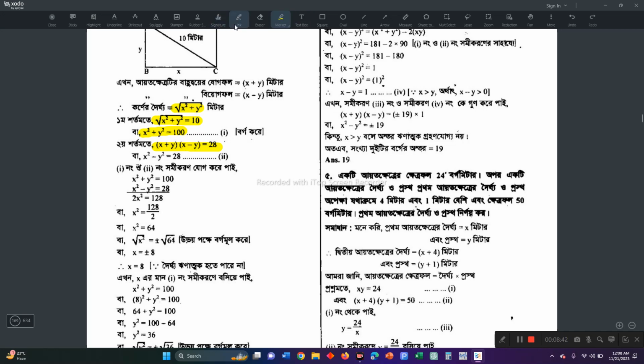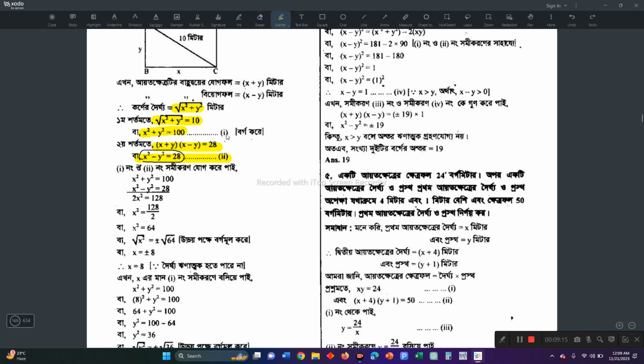Sum of the length and breadth, x plus y, and difference of the length and breadth, x minus y, are the two values for length and breadth of the second rectangle. So the area of the second rectangle will be x plus y times x minus y, and we know x plus y into x minus y is equal to x square minus y square. So x square minus y square is equal to 28.